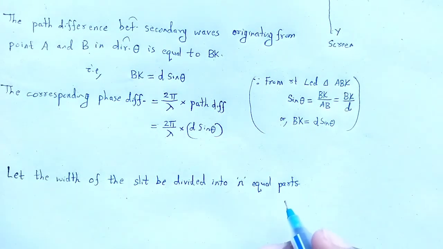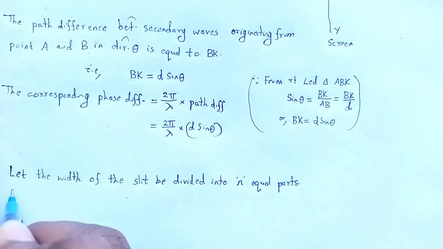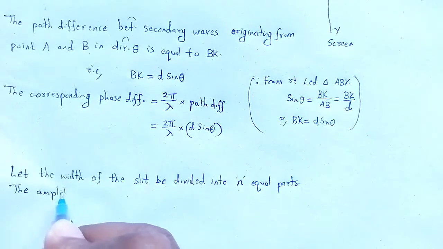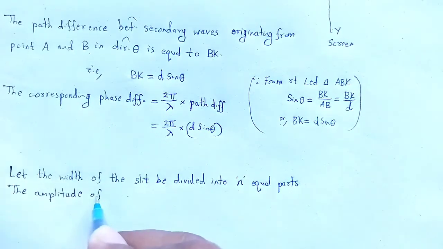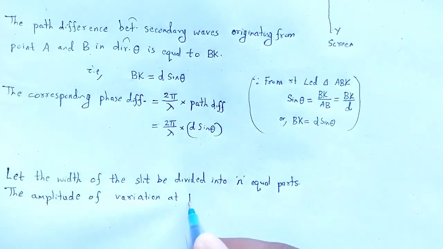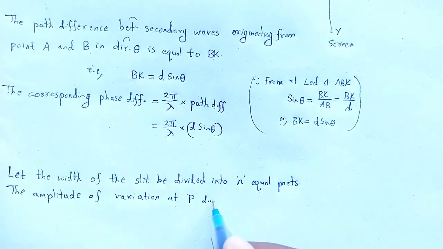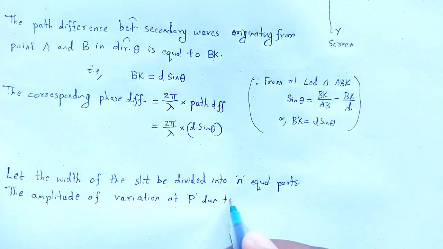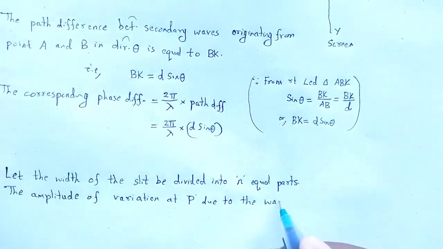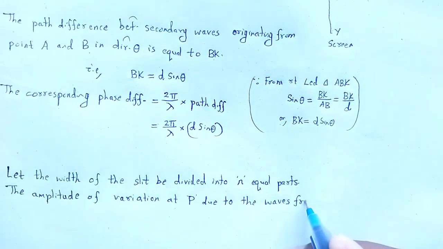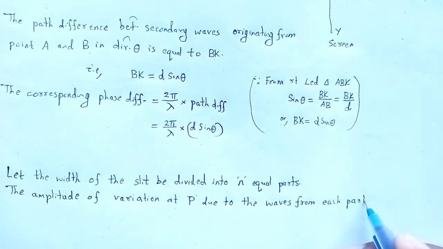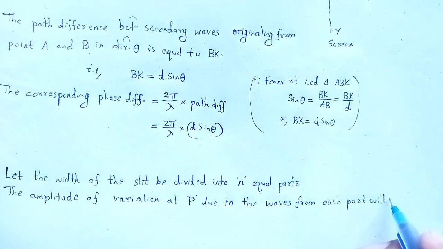So, the amplitude of variation at P due to the waves from each part will be the same.